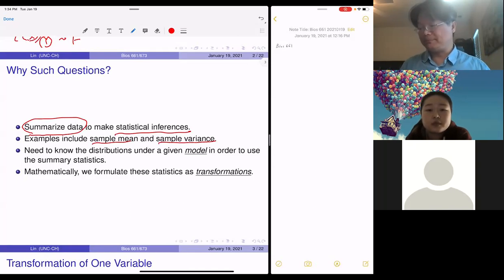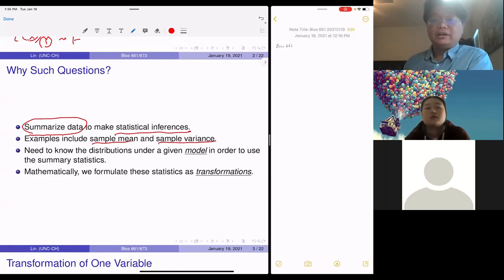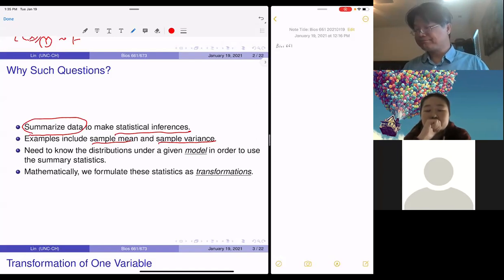You communicate with people about percentages, and average salaries of professors, something like that. Then you do need to know the distribution of the statistic you are using. If you say I'm going to use the sample mean to communicate with you, then you need to know the distribution of the sample mean, so you can do statistical inference, for example hypothesis testing or constructing a 95% confidence interval around the sample mean.